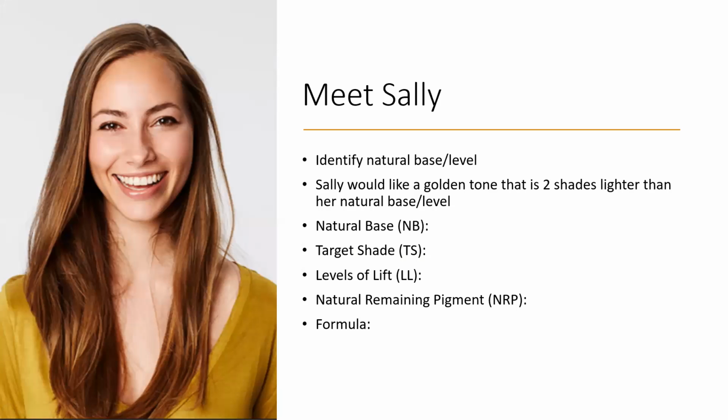So she wants to go 2 shades lighter. You'll need to put down on your Nearpod task very shortly the natural base, her target shade, her levels of lift, what her natural remaining pigment is, and then finally your formula, what you're going to use. So if you want to pause me now, I will go over the answers once you've completed.